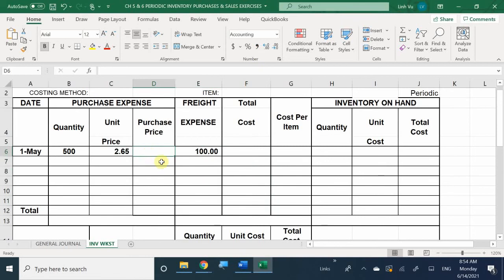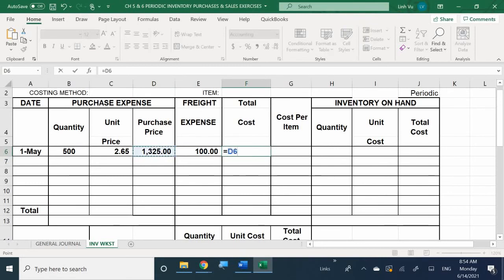So the purchase price was 13.25. I'm sorry, I had erased it. No worries. Yeah, 13.25, and the freight, which made it 14.25, okay. And cost per item.